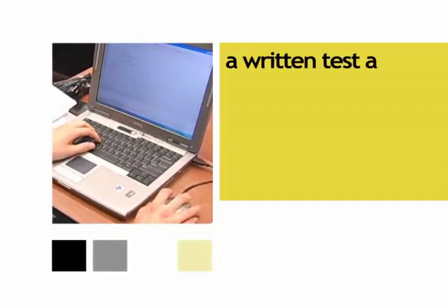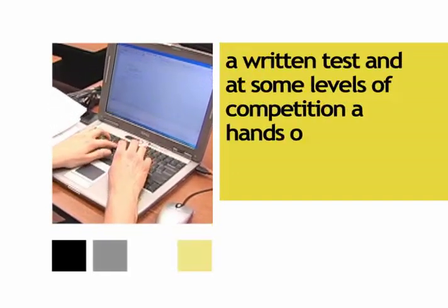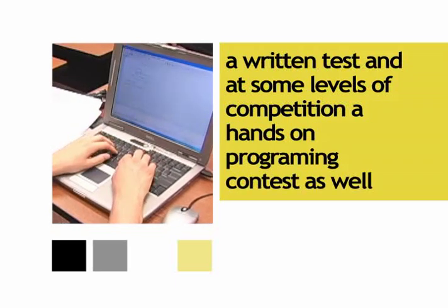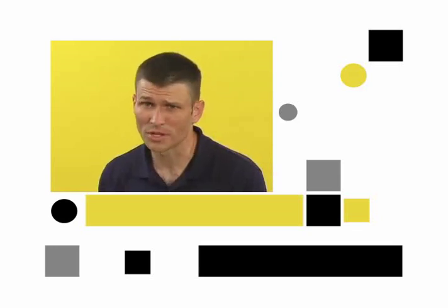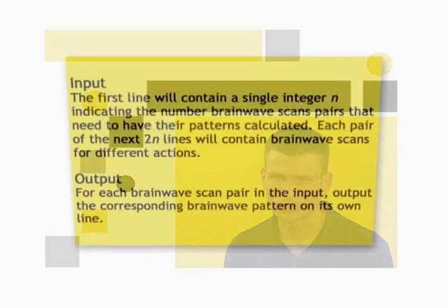The computer science contest consists of a written test and, at some levels of competition, a hands-on programming contest as well. The written test is used to determine individual results, and the written and hands-on contest together are used to determine team results.